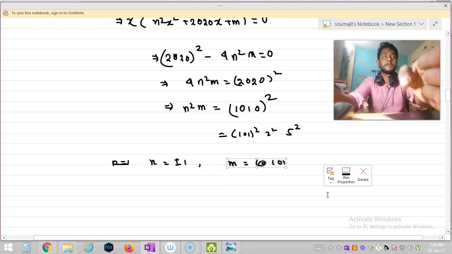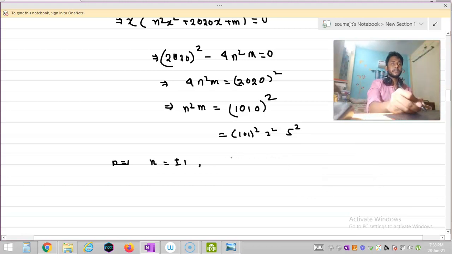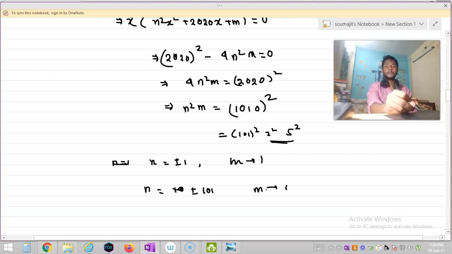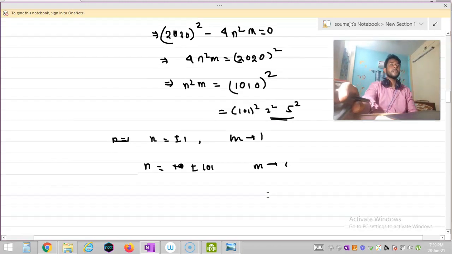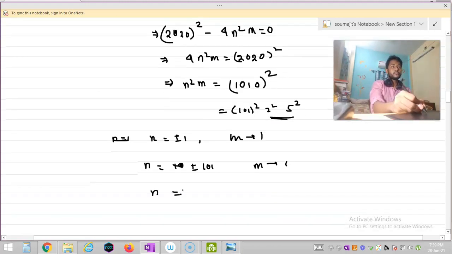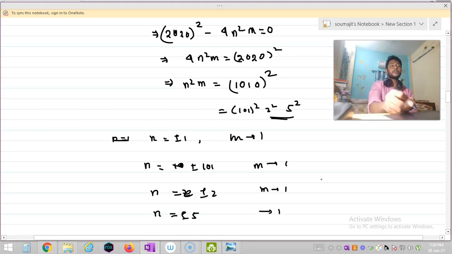So there exists only one value of m. Now if n equal to plus minus 101, then m equal to this value, and there is only one possibility of m. If n equal to plus minus 2, again there is only one possibility of m. If n equal to plus minus 5, again only one possibility of m.